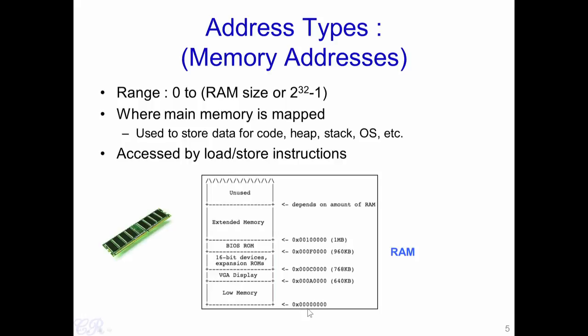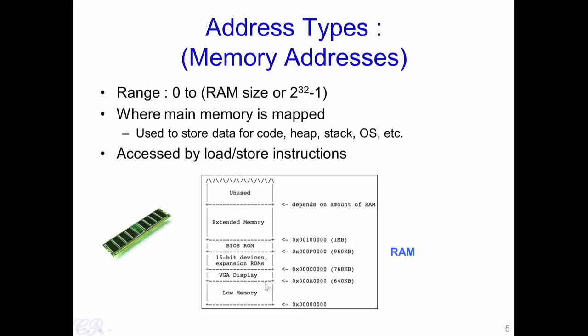The addresses from 0x0 to 640 KB, represented in hexadecimal as A followed by 4 zeros, is known as the low memory. This memory was used in legacy computers like the 8086, 80286 and so on. So, the old operating systems like MS-DOS would use this particular low memory.